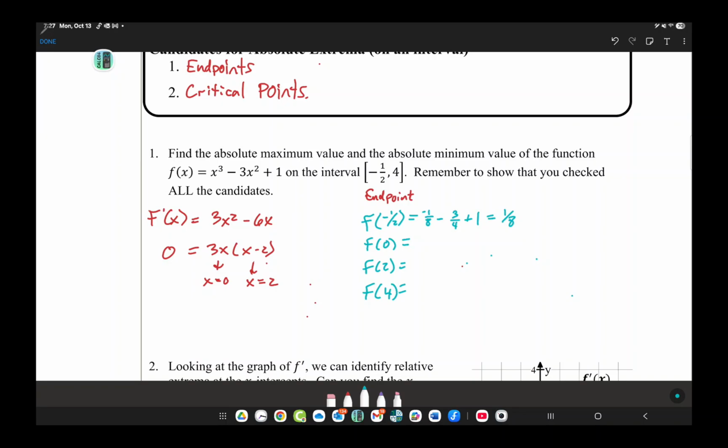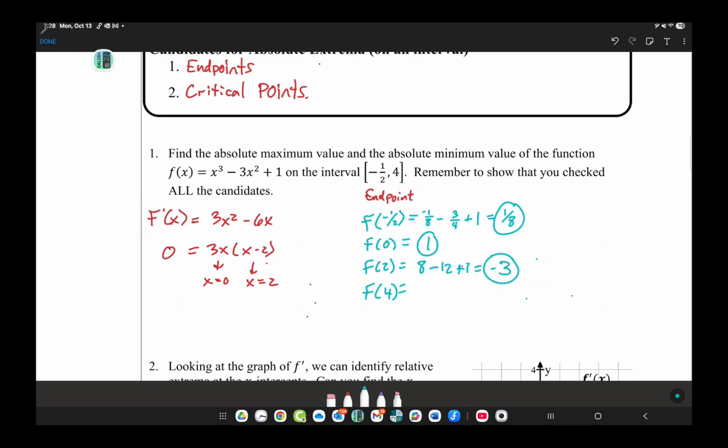So again, careful on the fractions. 0 is the easiest one. Everything becomes 0 except the constant, so that's just 1. Plug in 2. 2 cubed is 8, minus 3 times 2 squared, which is 12, so 8 minus 12 plus 1 gives you -3.